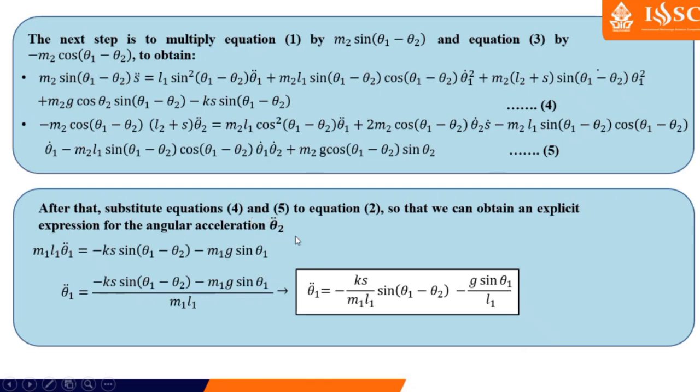Then isolate theta 1 double dot on the left hand side, divided by M1 L1, to obtain the solution for theta 1 double dot.